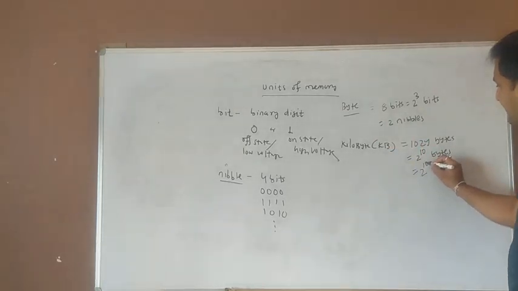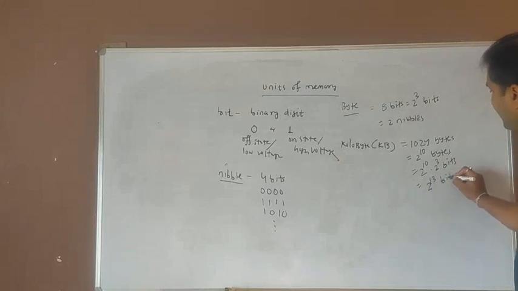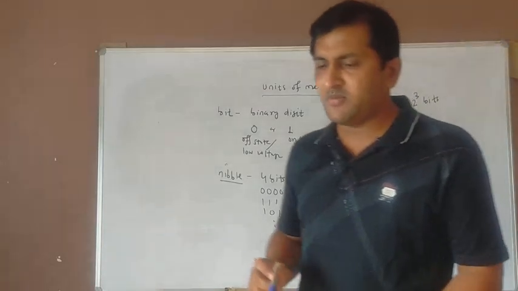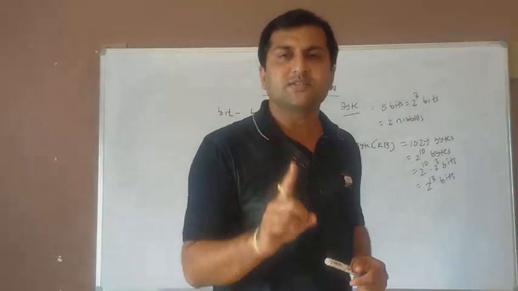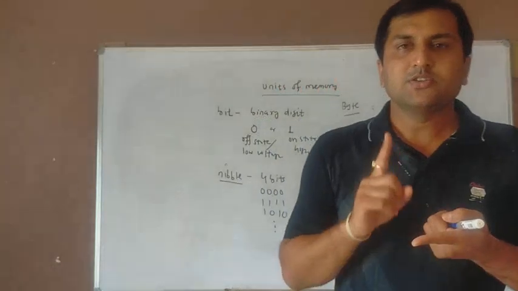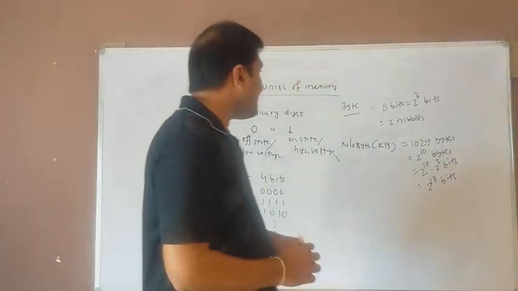So 2 to the power 10 into 2 to the power 3 bits is equal to 2 to the power 13 bits. So 1 kilobyte of memory equals 1024 bytes of memory, which means 2 to the power 13 bits of memory.